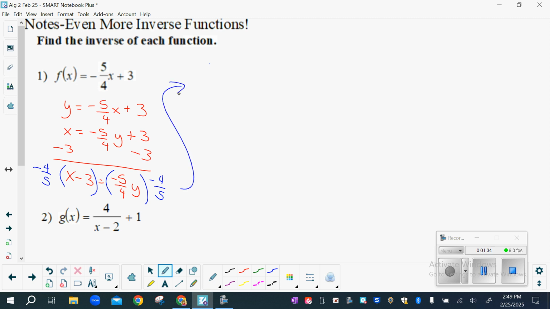So we're going to distribute here, and we get negative 4/5 x minus, and we have a negative 3 times negative 4/5. So I'm doing that over on the side. I just multiply straight across, and I get positive 12 over 5.